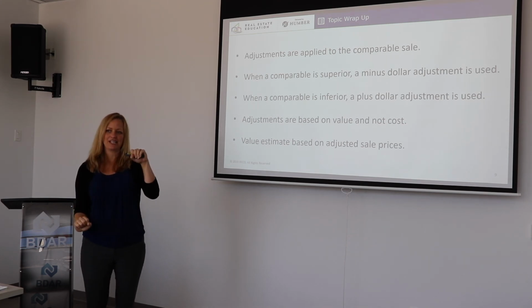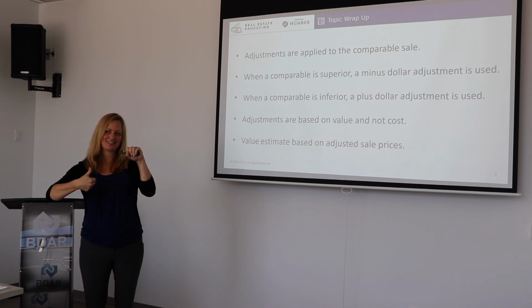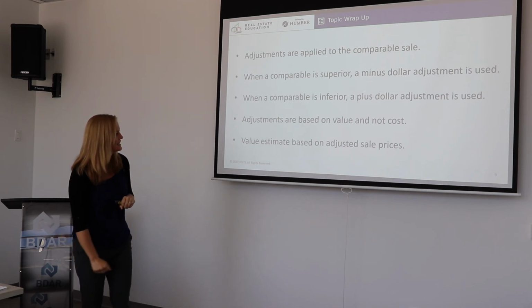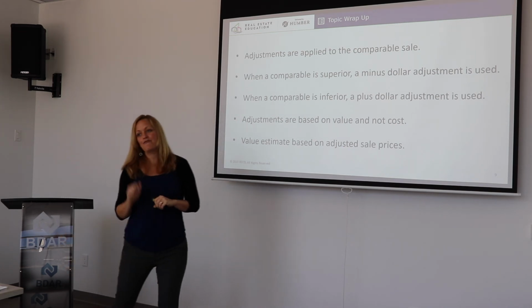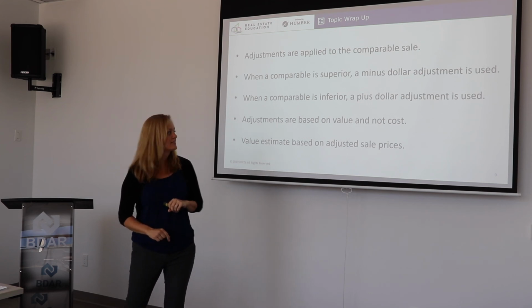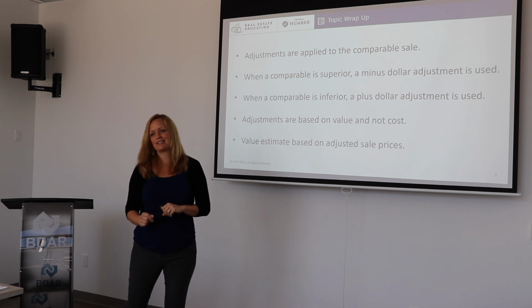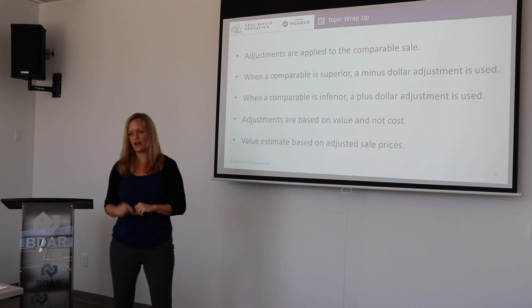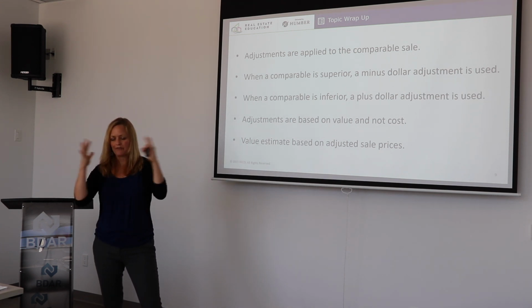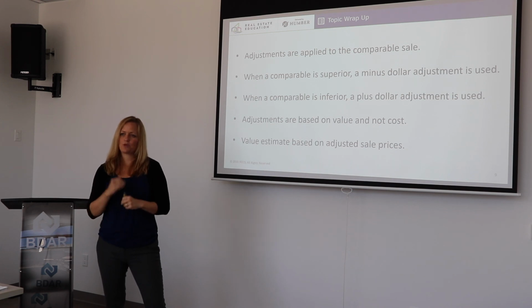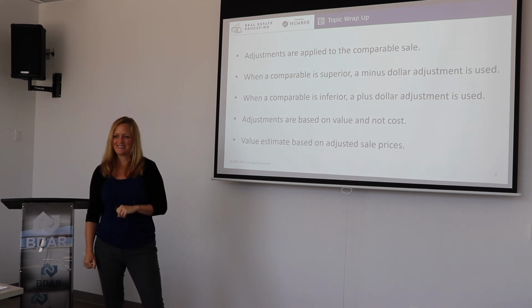When the comparable is inferior, the adjustment is a plus. Adjustments are based on value and not cost, and the value estimate is based on adjusted sales prices. So not the actual sale prices, but after all of our adjustments, that's when we choose our subject property.